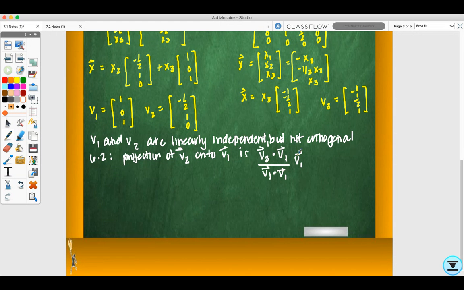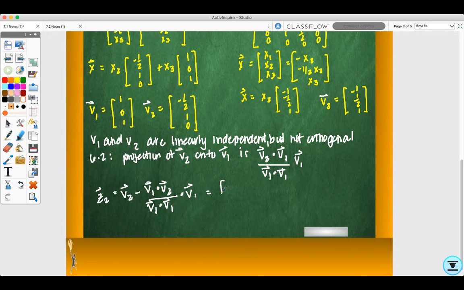And the component of V2 orthogonal to V1 we're going to call Z2. That's going to be V2 minus (V1 dot V2) all over (V1 dot V1), times V1.